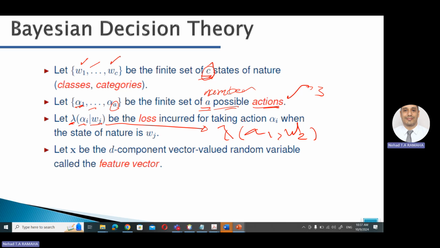Selecting action 1 when we have class 2. Okay, this one is the loss. What does it mean? If you put the fish in the box and consider it salmon, but it was not salmon, what's the loss here?